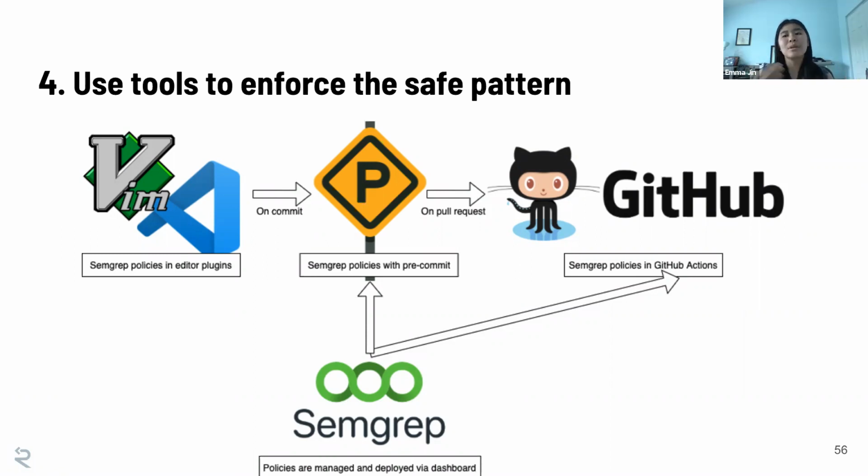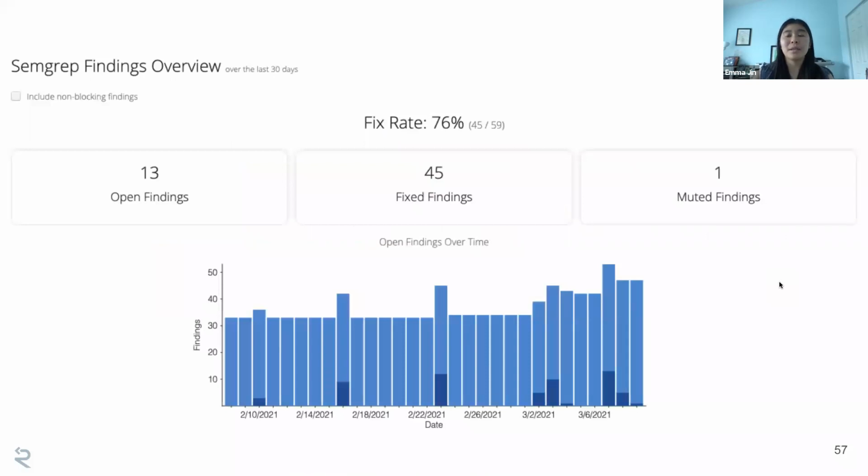But then some rules are a little slower. They're looking for more things. Maybe they're doing some imitation of taint analysis. And so that goes in the GitHub action. And we make sure to include a dashboard so that we can see what's happening. We include a fix rate so that we can see how often developers are actually responding to these rules.